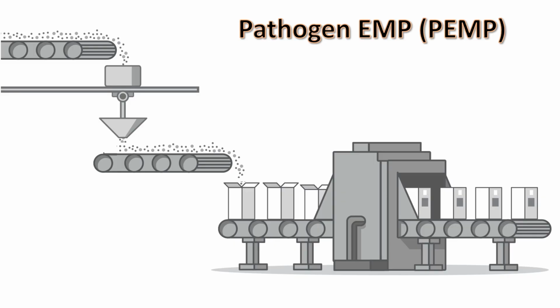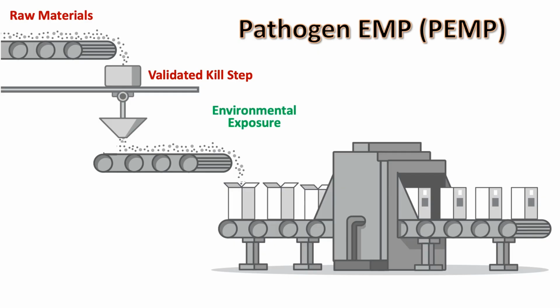This cartoon provides an example of a ready-to-eat food where contamination with environmental pathogens is a concern. In this case, the raw materials are mixed together and a kill step is applied. The finished product is then exposed to the equipment surfaces and the processing environment before the package is filled and sealed. After sealing, no further kill step is applied.